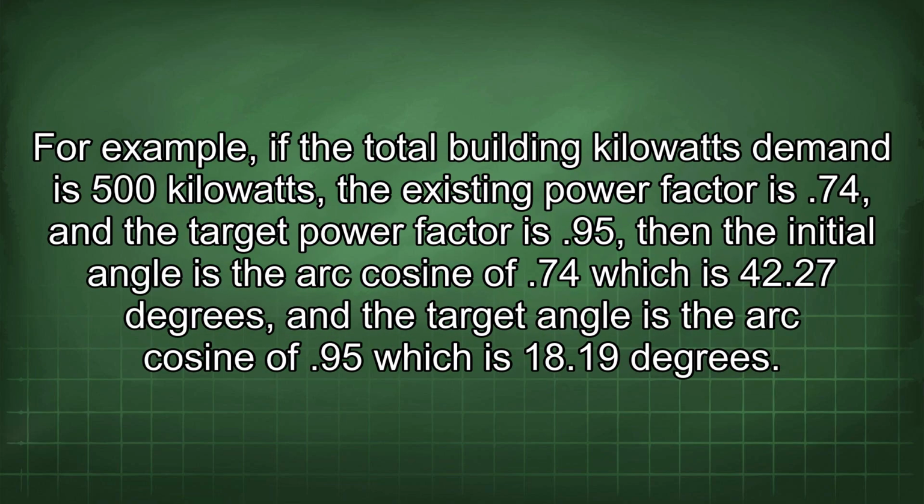For example, if the total building kilowatts demand is 500 kilowatts, the existing power factor is 0.74 and the target power factor is 0.95, then the initial angle is the arc cosine of 0.74, which is 42.27 degrees, and the target angle is the arc cosine of 0.95, which is 18.19 degrees.